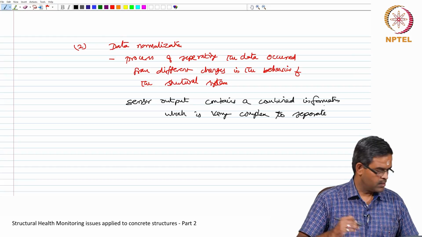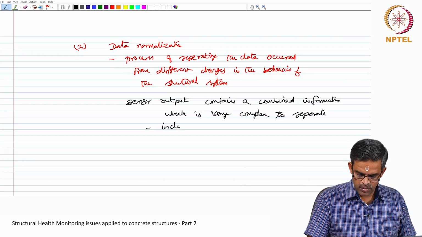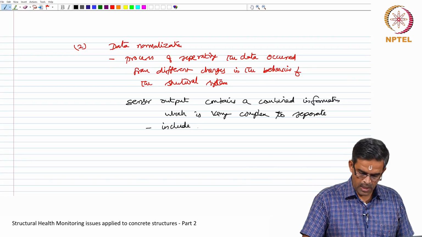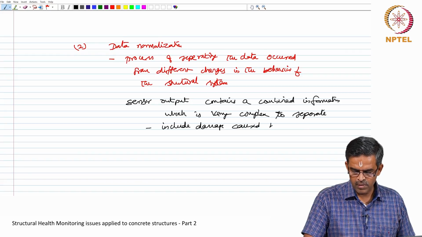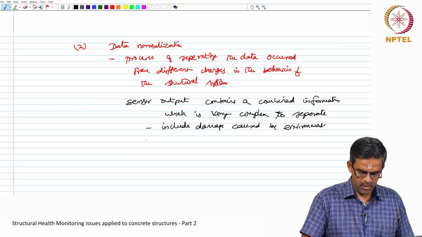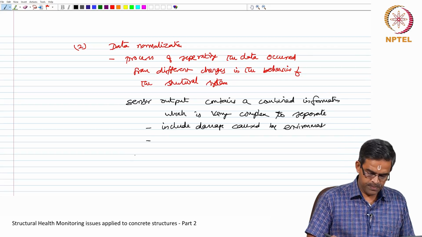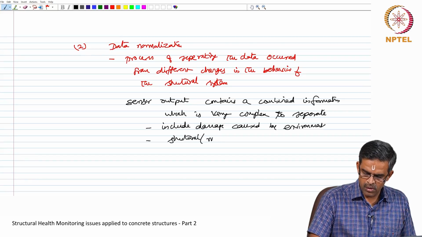Because they will include damage caused by the environment, they will include damage caused by the structural or material degradation.